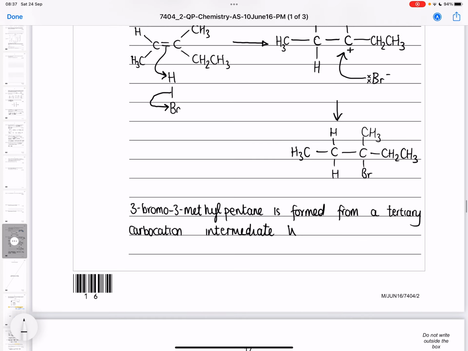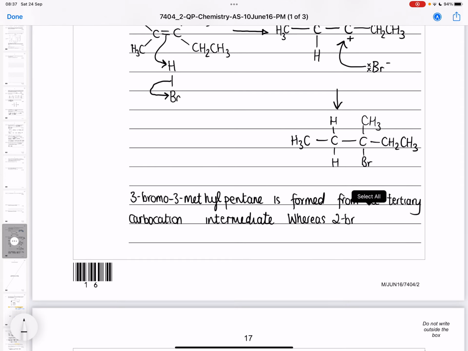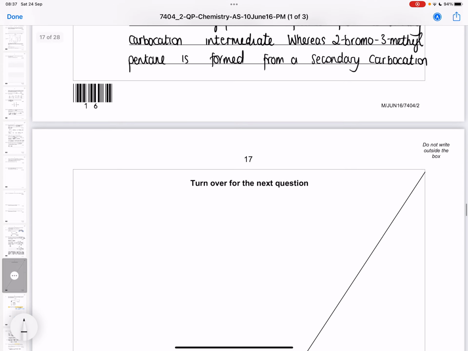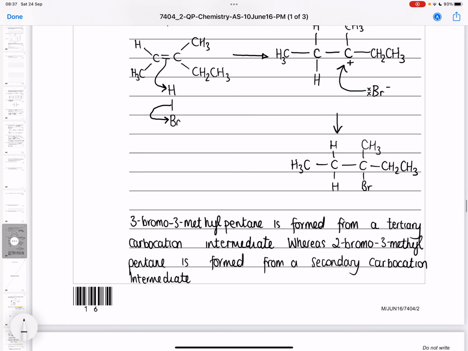Whereas our other product, which we're calling 2-bromo-3-methyl-pentane, is formed from a secondary carbocation intermediate. I'm running out of space here, but if you were to draw that out, you would have put the plus on the other side, so it would have been a CH3 and then a C with an H and a plus, and then a C with the methyl group and the ethyl group.